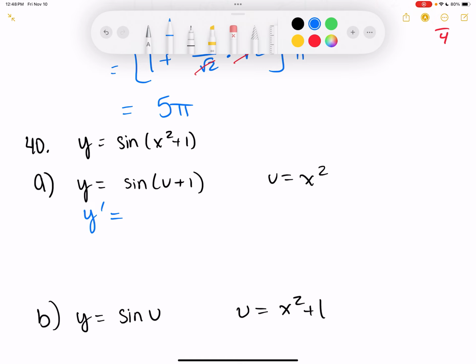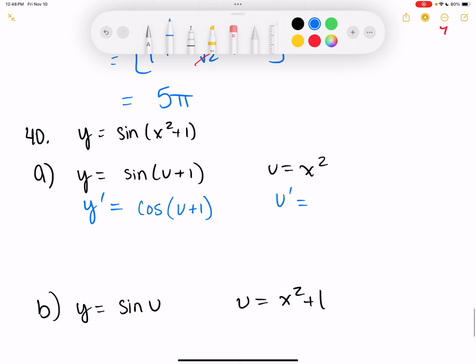So it's cosine, and then the derivative of u, 2x. So then to combine it, we would get 2x cosine of x squared plus 1, because we have to replace u with x squared.